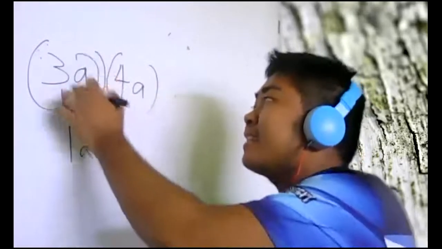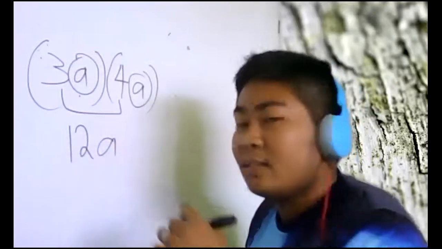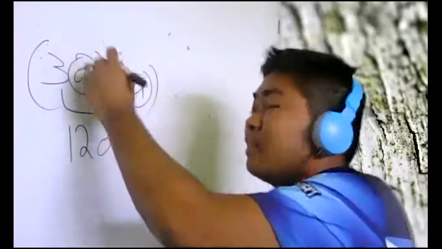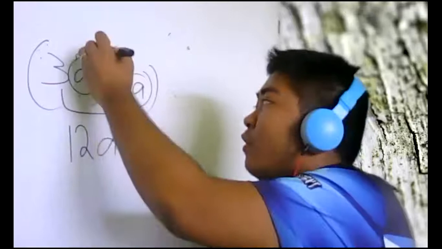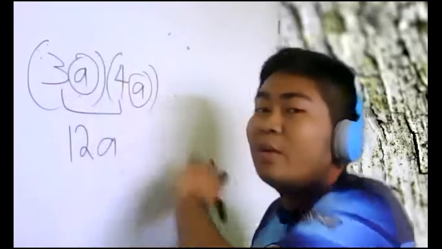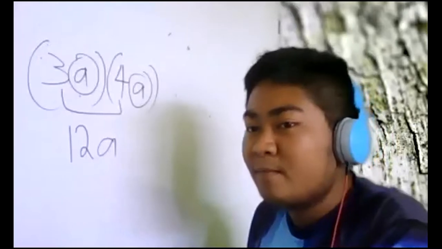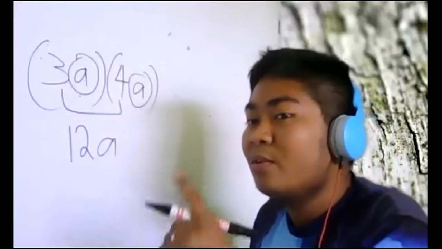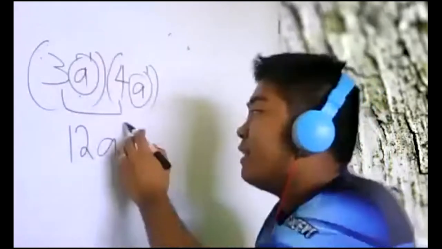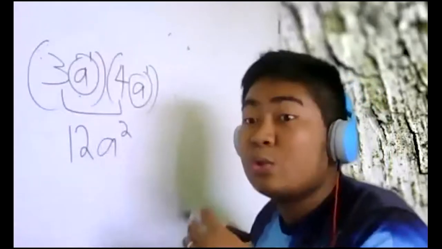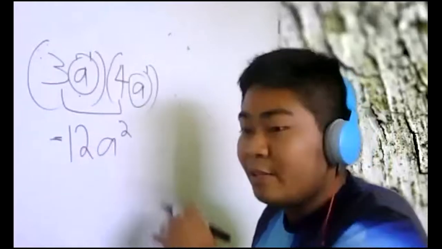And then just copy the variables and then sum the exponents of the variable. So, kung meron tayong a, what is the exponent of it? So, meron lang tayong 1. So, 1 plus 1, that will give us the answer squared or 2. Therefore, our answer would become 12a squared.